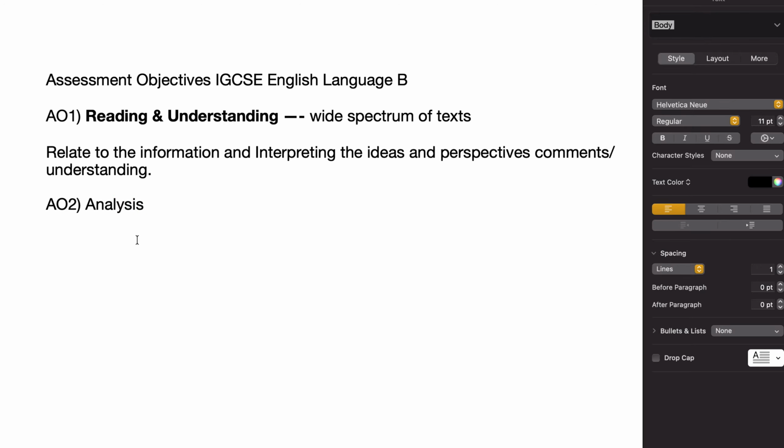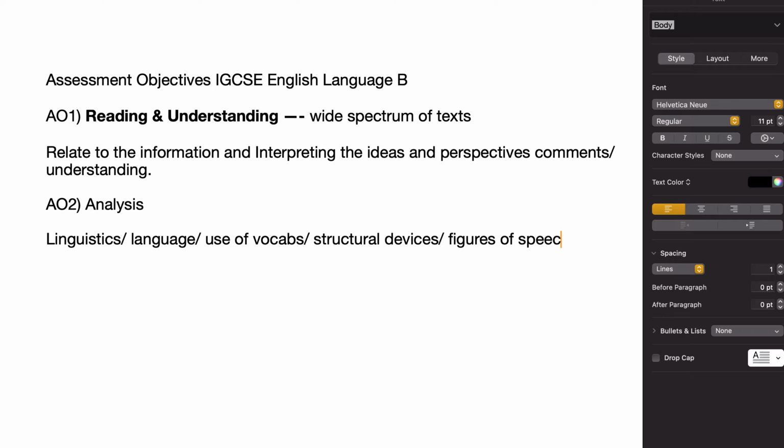Now, what are you going to be analyzing? Well, you're going to be analyzing linguistics, language, use of vocabulary. You're going to be using structural devices, figures of speech, and so on.